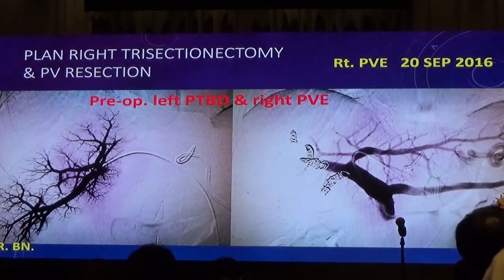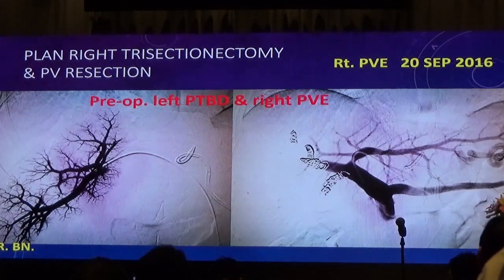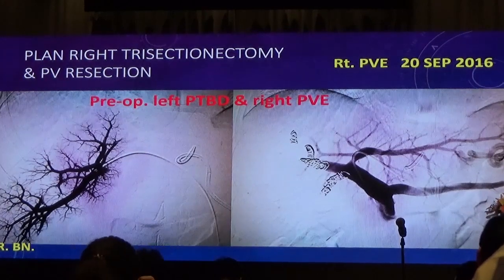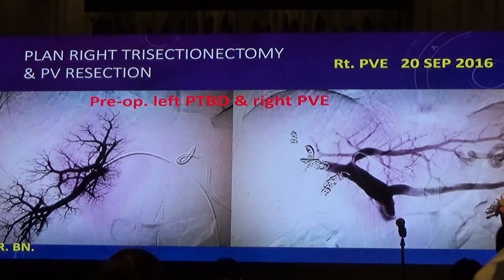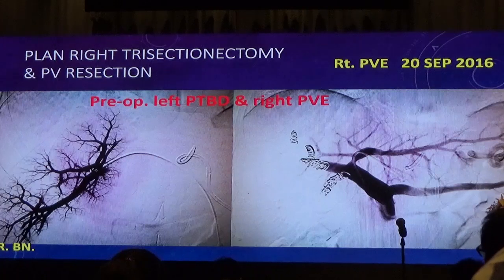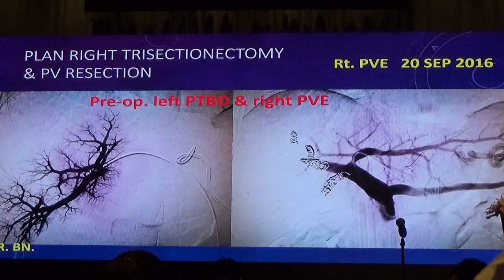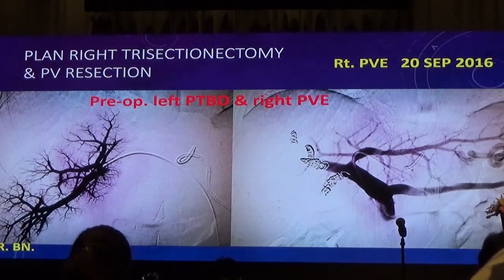When we use the contralateral approach for portal vein embolization, we must be very, very careful. So we prefer to use the ipsilateral approach. The main part of this is segment 2. So we are always concerned about possible injury of the portal vein during portal vein embolization.